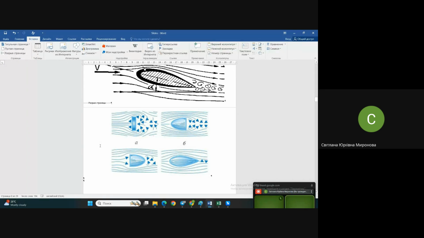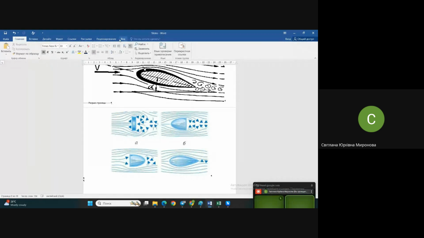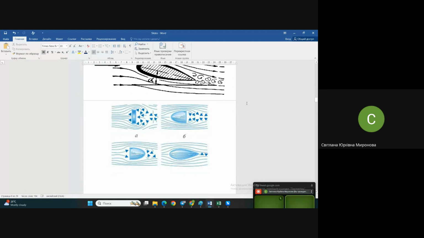What was wrong in Newton's theory, and what Bernoulli has changed, is that he detailed that not only the front shape is responsible for the values of drag and for the values of lift, but also the back surface is responsible for the shape, for the values of these forces.